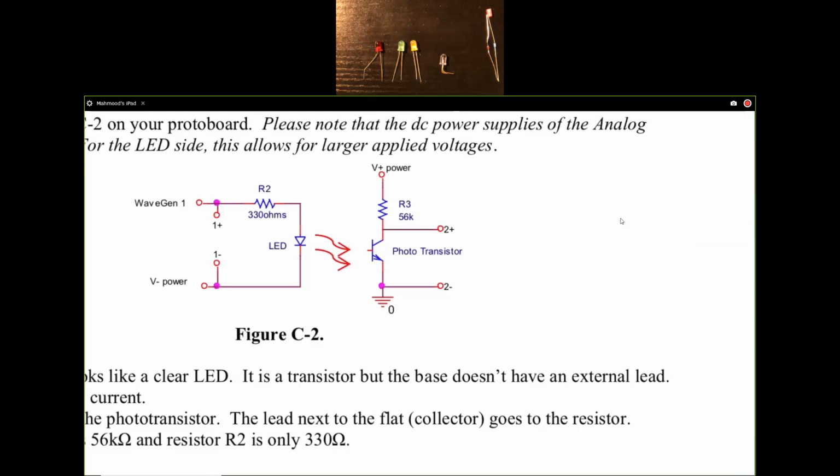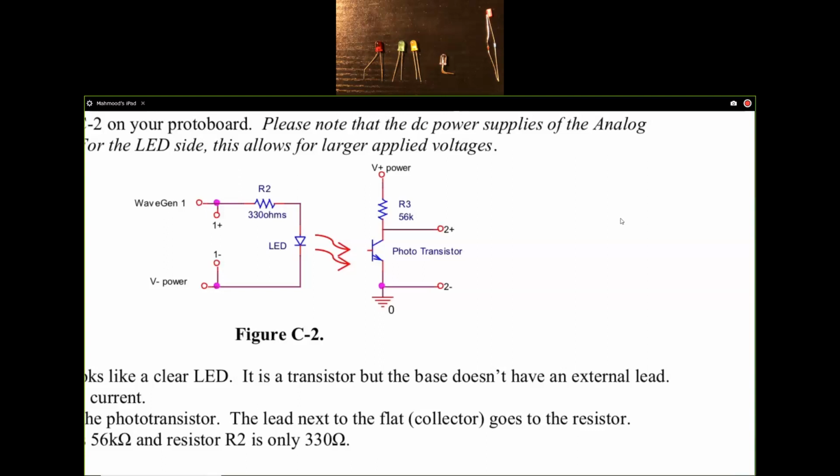So when there is light, there is going to be current that flows through. When there is no light, then the phototransistor will not allow any current to flow through, and that photocurrent will be linear. It will be the same current that flows through R3, and we can measure the voltage across the phototransistor or measure the voltage across R3.